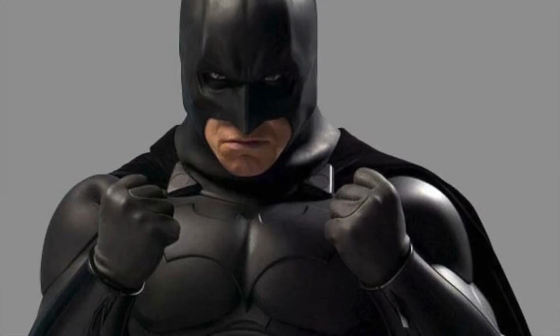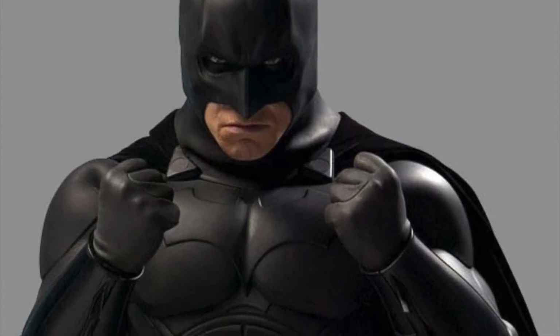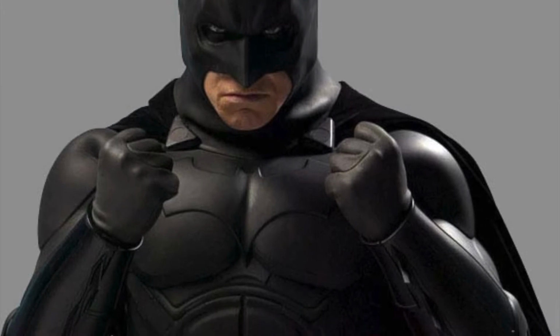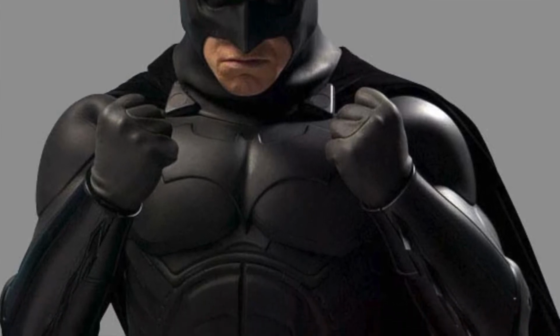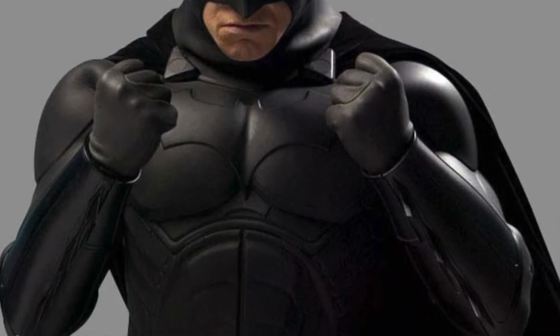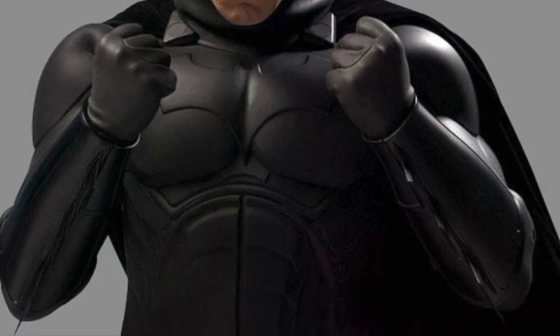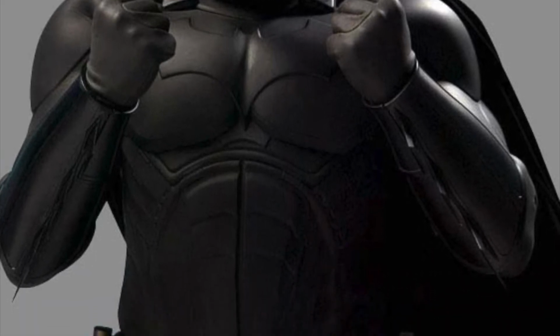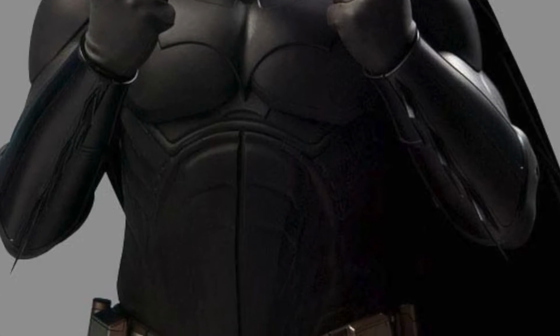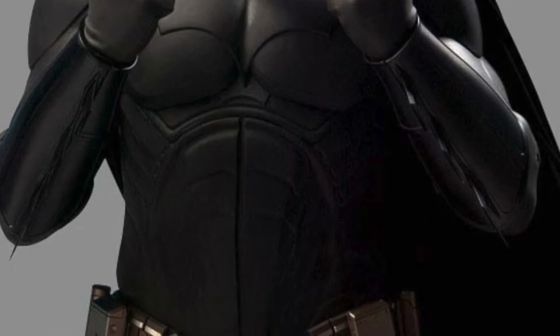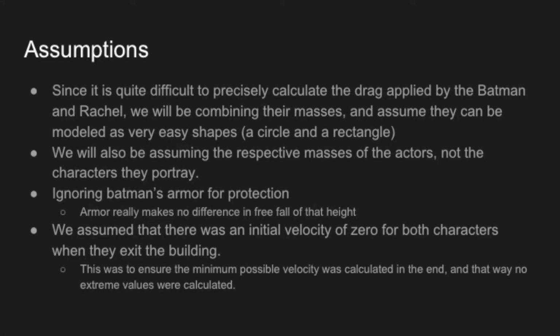Also, we're not taking any of Batman's armor into consideration. This is because when falling that high, it's not going to really matter wearing a piece of armor or not. You're still going to feel those forces through that. Lastly, we're just going to assume that they were at 0 velocity when they started down this incline.